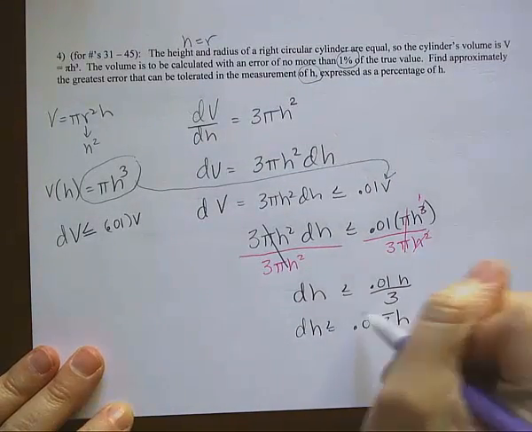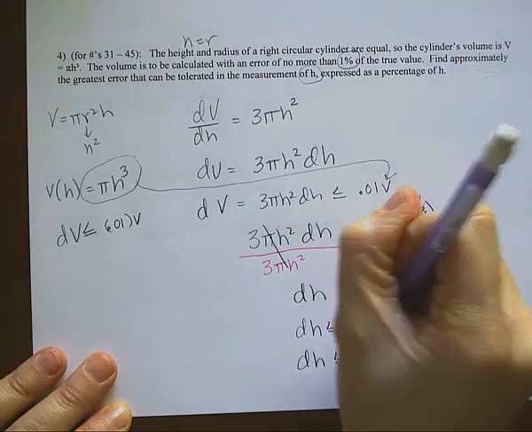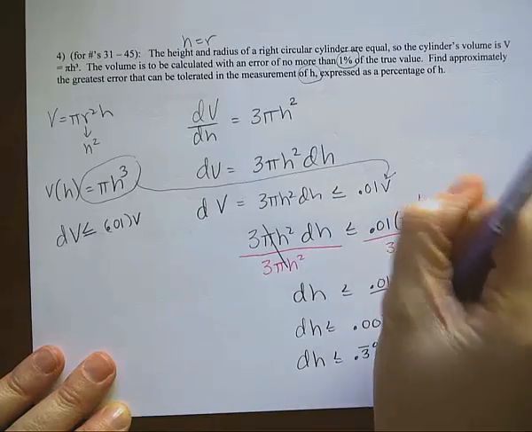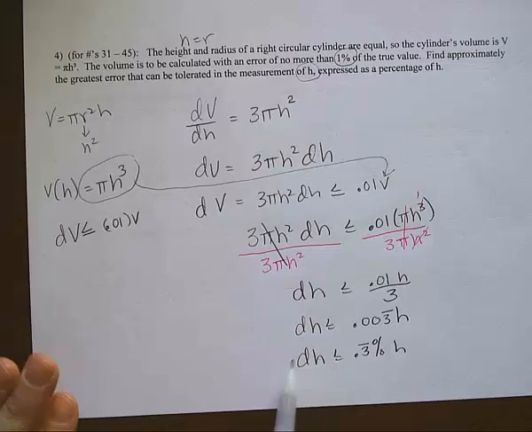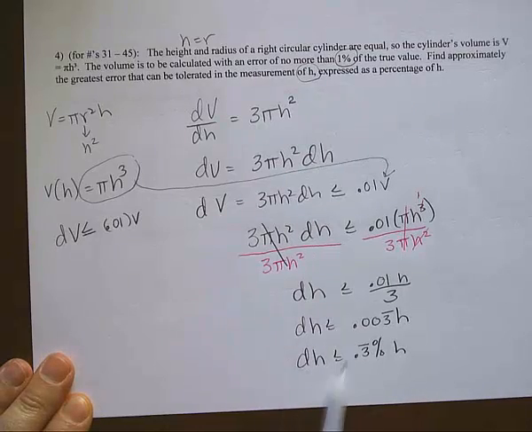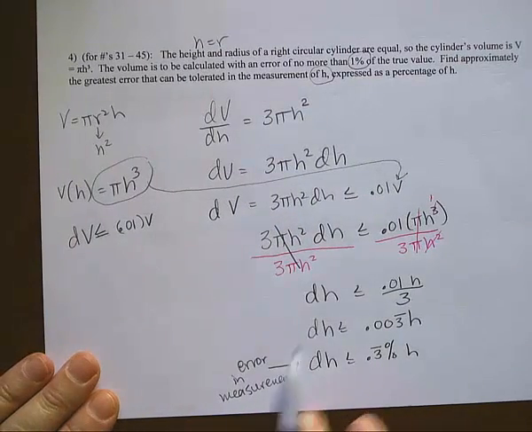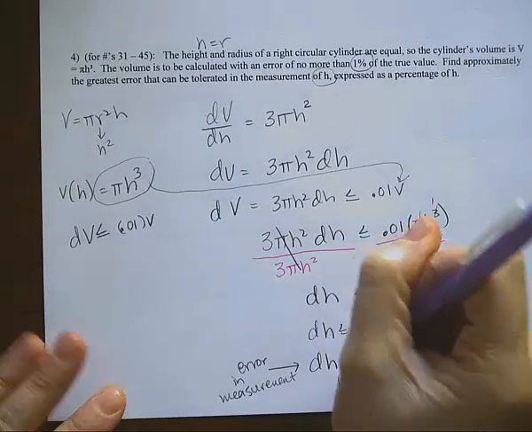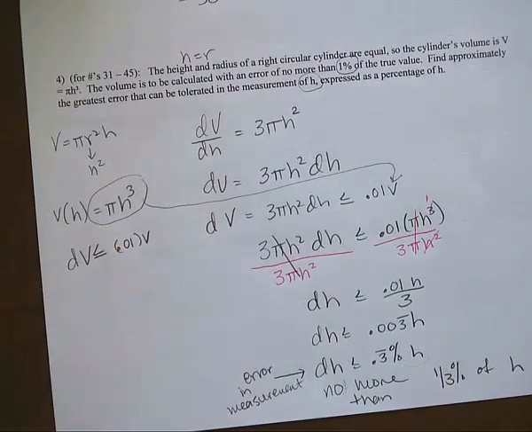And if I change that into a percent, it would be 0.3 repeating percent, or 1/3 percent. So you could say then that the error in measurement of the height has to stay less than or equal to 0.3% of the original height, or it can be no more than 1/3% of the original height h.